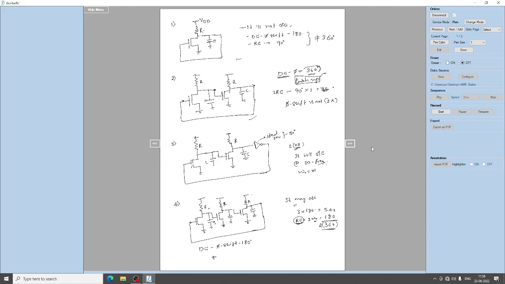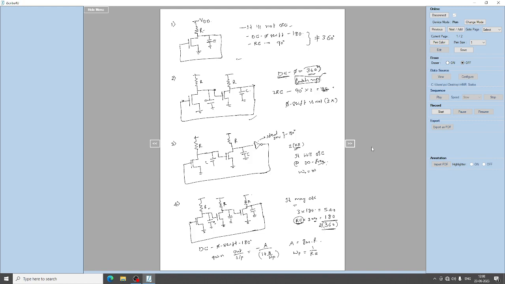The gain, which is output by input, is minus A upon 1 plus S by omega p, where A is equal to Gm into R and omega p is 1 upon RC, the pole.